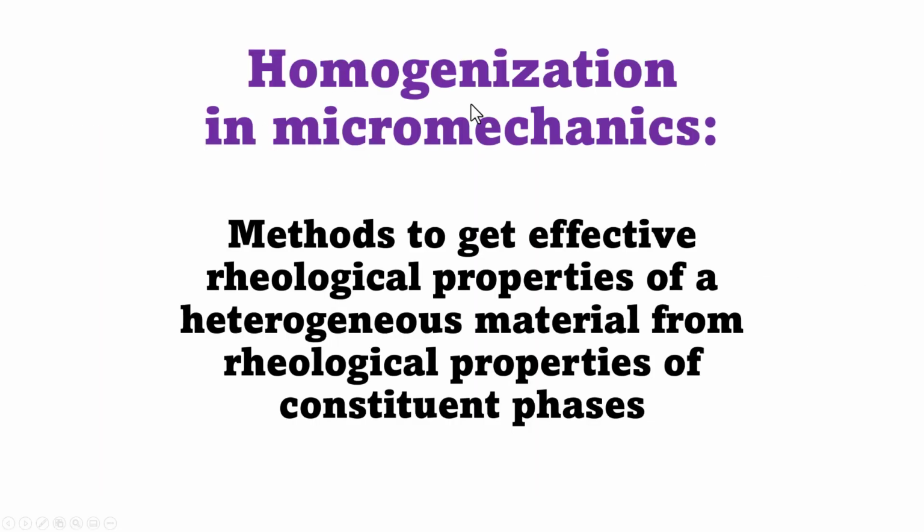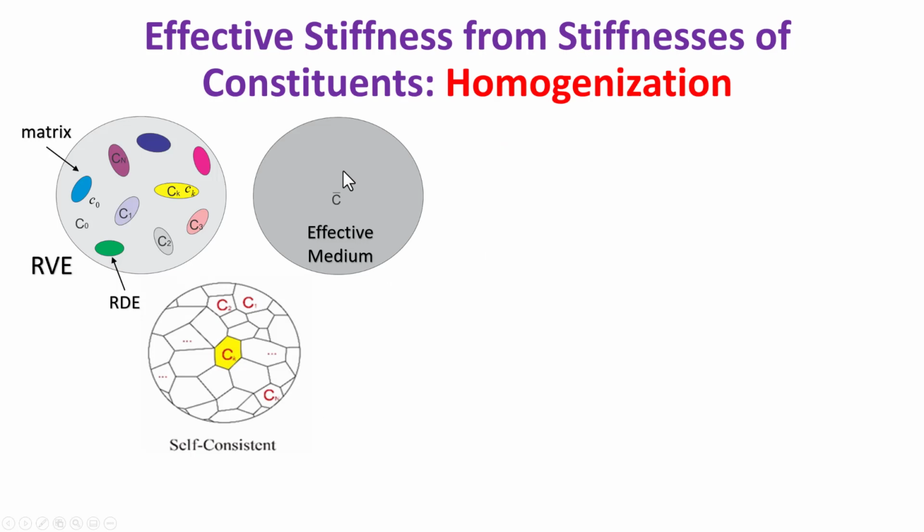So homogenization in micromechanics means methods or procedures to get effective rheological properties of a heterogeneous material from rheological properties of the constituent phases. We can now state homogenization more rigorously.